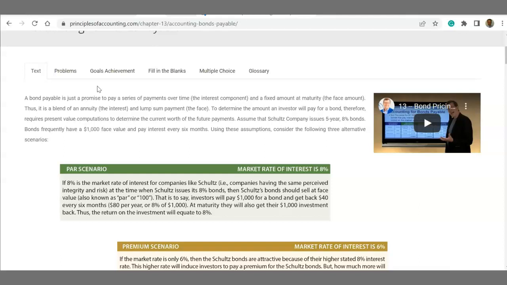So the bond interest rate, you only use once to calculate your payment. After that, every other calculation, for face value of the bond, issue price calculation, everything else will be based on market interest rate.